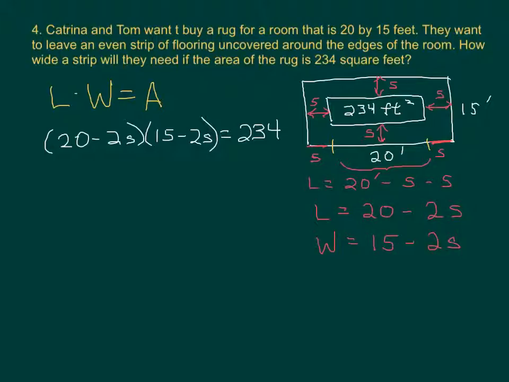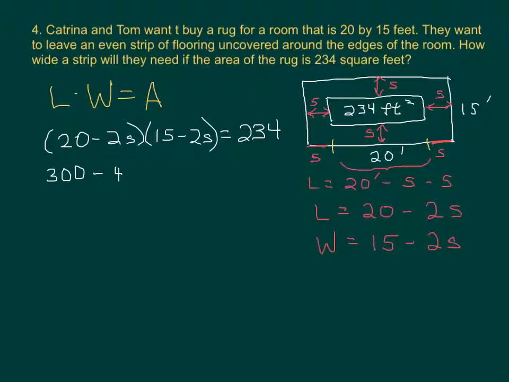So we use FOIL to say 20 times 15, you'll find that's equal to 300. That's the first terms, 20 times 15. Then we do the outer terms, 20 times 2S. That's going to be a minus, because the 2S is minus.